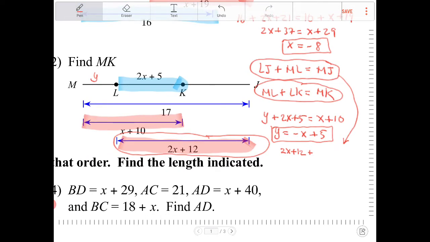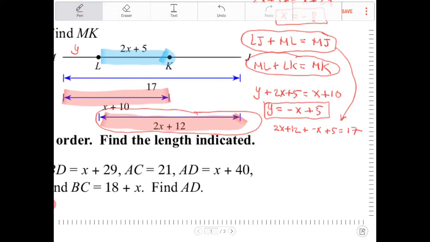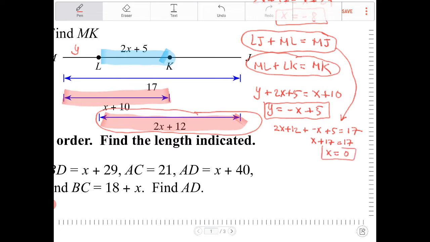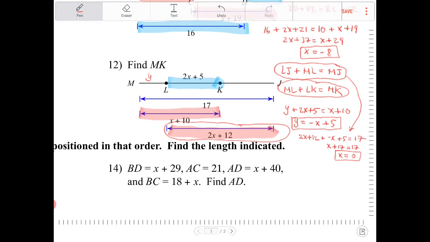That's Y, negative x plus 5. And what does MJ equal? MJ equals 17. I can now combine like terms and solve for x. I end up with x plus 17 is equal to 17. What will x equal? X just equals 0. Boy, okay. That's that. X is equal to 0.